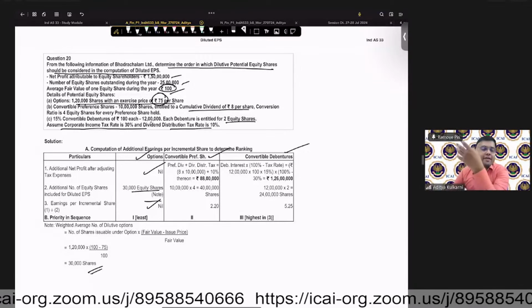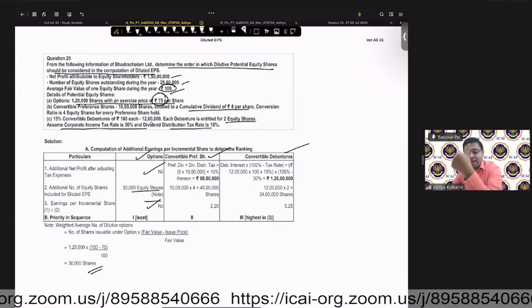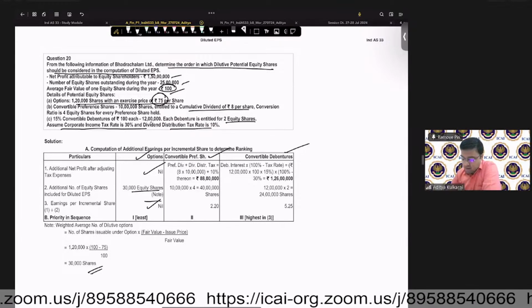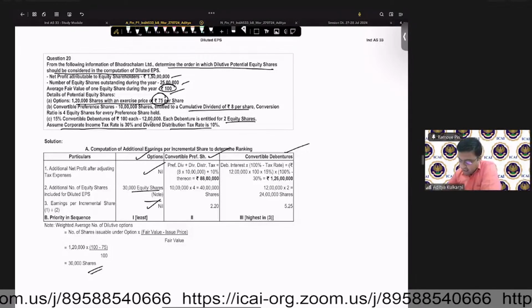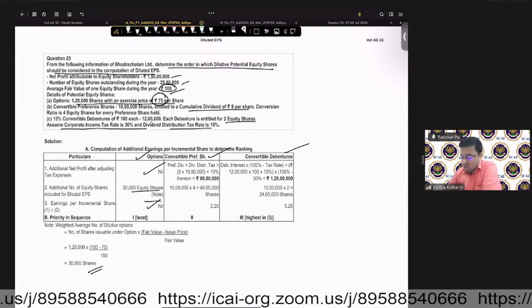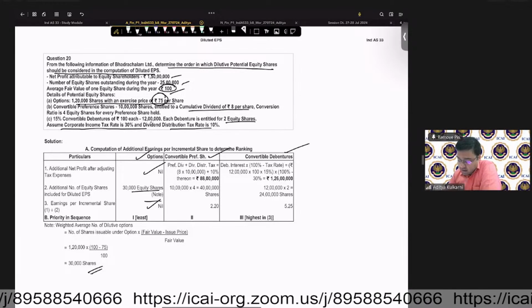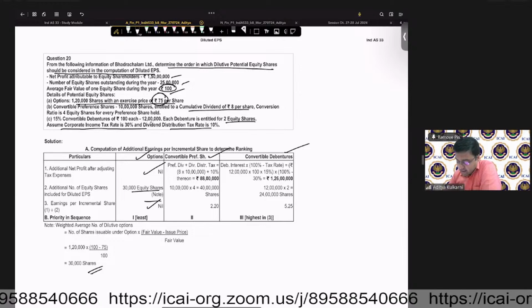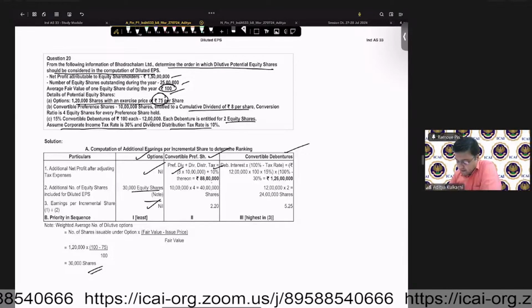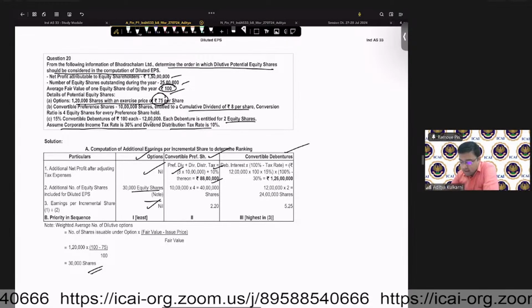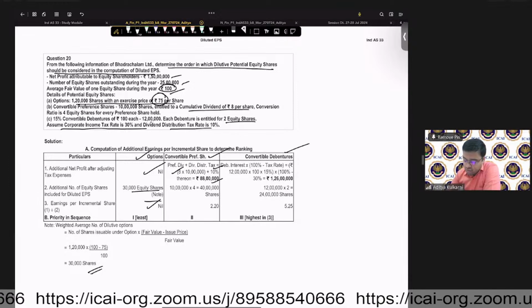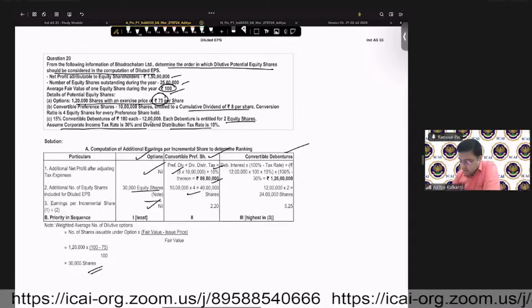Coming next to convertible preference shares. What do you save when preference shares convert to equity? Well, the dividend gets saved, and the dividend distribution tax also gets saved. So you have 10 lakh shares into 8 plus 10%, 88 lakhs. And what is the number of shares you are going to get? 4 equity shares, so 10 lakh into 4, 40 lakh.